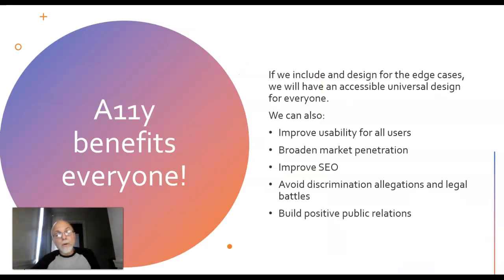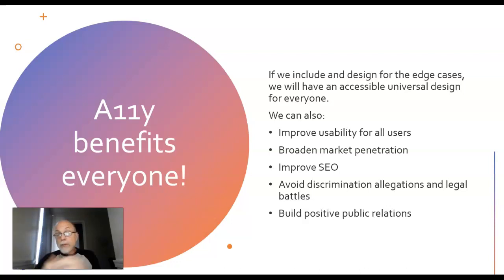Just making the point one more time: accessibility benefits everyone. If we include and design for these edge cases, extreme cases, then we can have a universal design for everyone. We can improve usability for all users, even those with the traditional five senses and satisfactory mobility and cognitive skills.